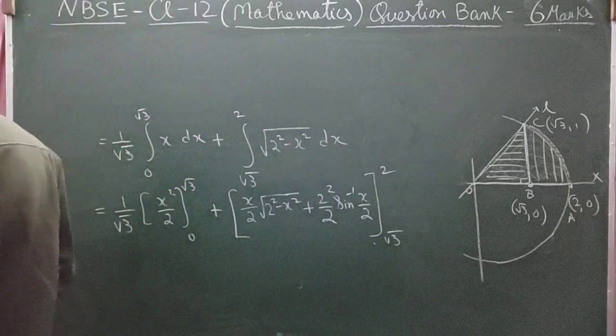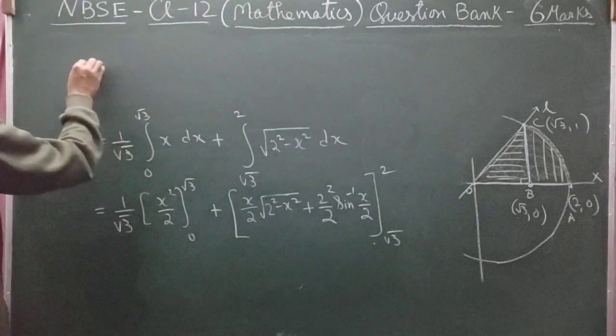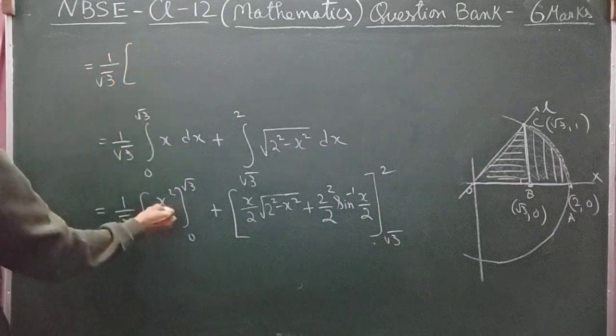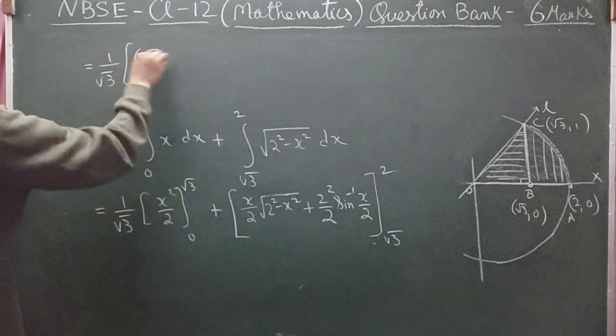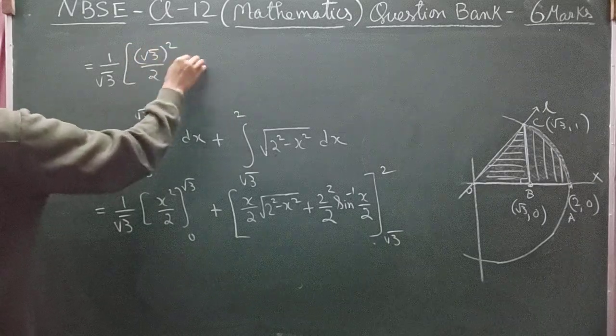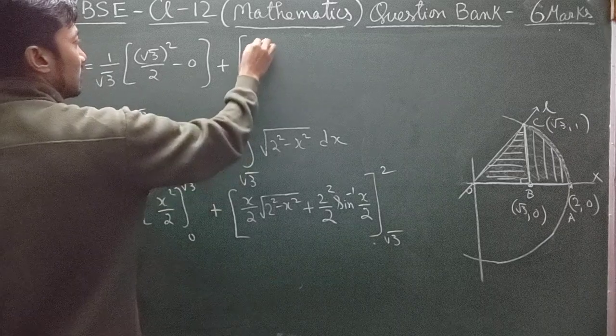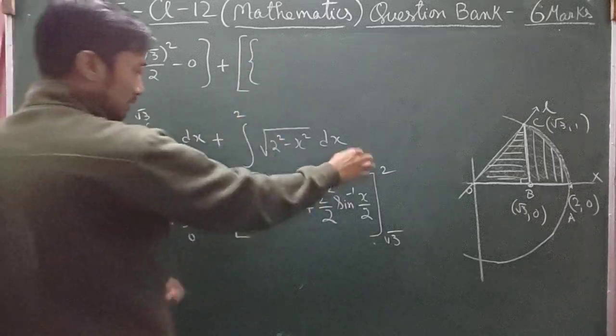Very simple question, of course. So now we can substitute the limits. 1 by root 3, upper limit, so that's root 3 square by 2 minus, of course, 0. Plus here, let's start with the upper limit 2.